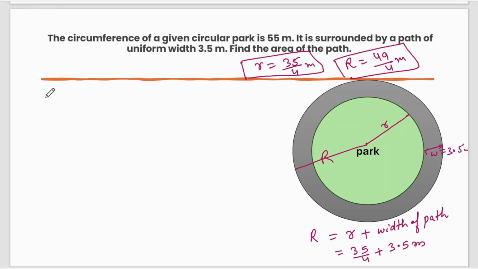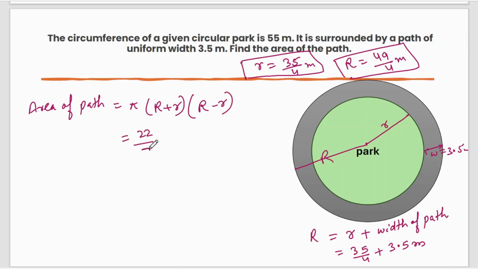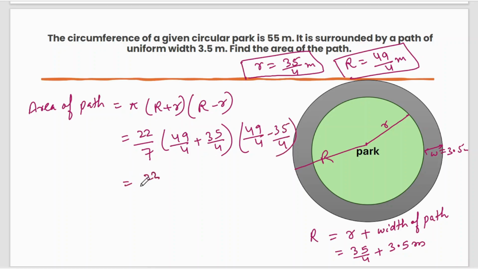So we can write area of path equal to, I'm directly writing the formula, pi into capital R plus small r into capital R minus small r. So it is 22 by 7, and what is capital R? It is 49 by 4, and small r is 35 by 4. And then we have 49 by 4 minus 35 by 4.